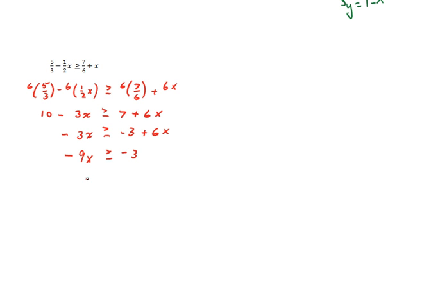And divide both sides by negative 9 to get x is less than or equal to 1/3. And so in interval notation, negative infinity to 1/3, including the 1/3. On the number line, everything starting at 1/3, including 1/3, and going to the left.